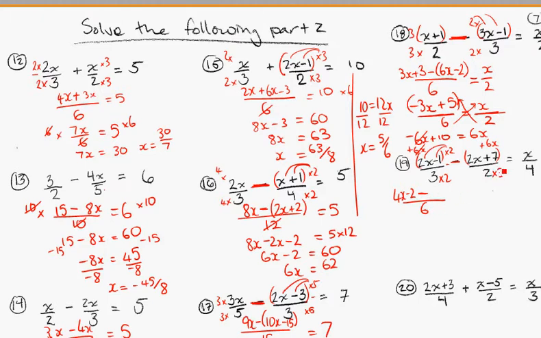We need to multiply top and bottom by 3. 3 2s is 6x, 3 7s are 21. Very complicated. So on the top line, 4x minus 6x, minus 2 minus 21. Cross multiplying, as long as you have one fraction equaling another.